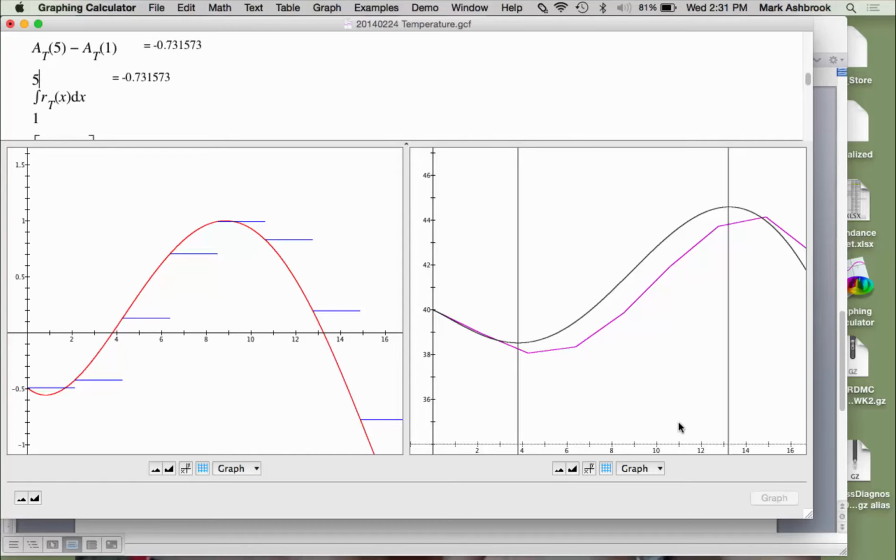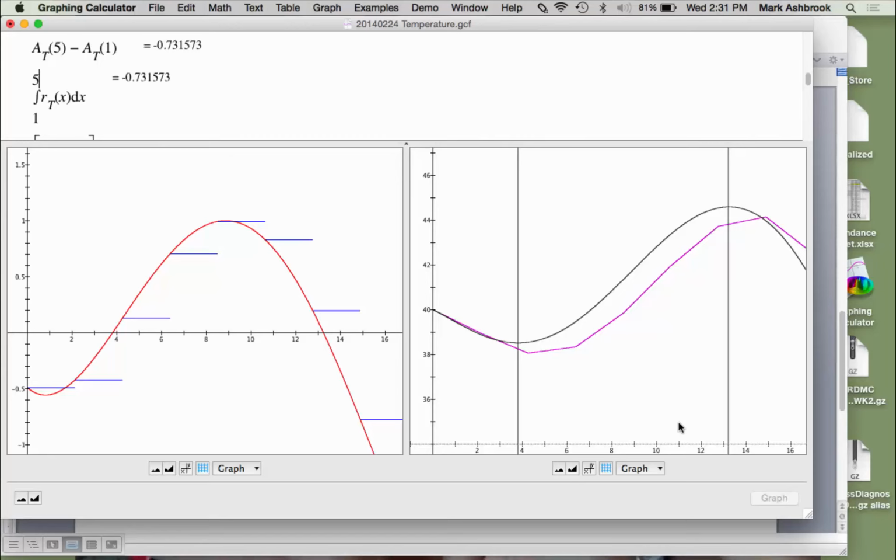Integral. Integral from one point to another. From 3.8 to 13 point, of what function? A sub t? No. You never do the integral of an accumulation function. It's always going to be the integral of the rate function.